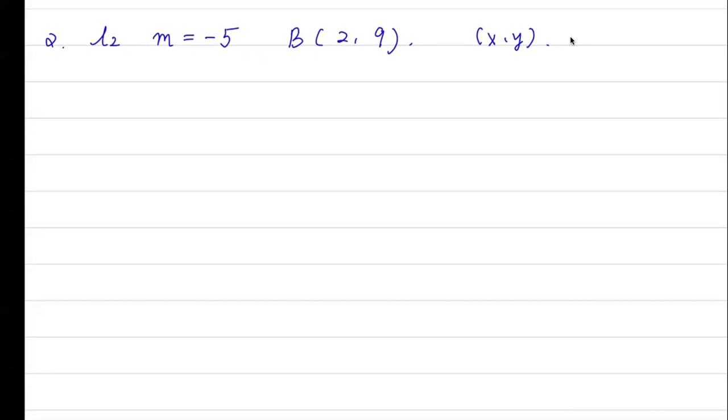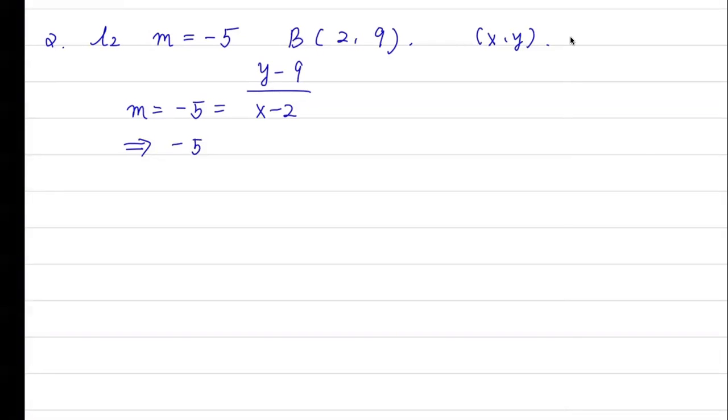So we use the slope formula. m is equal to -5, which is equal to (y - 9)/(x - 2). And here we use some algebraic manipulation. We multiply x - 2 to both sides of the equation.